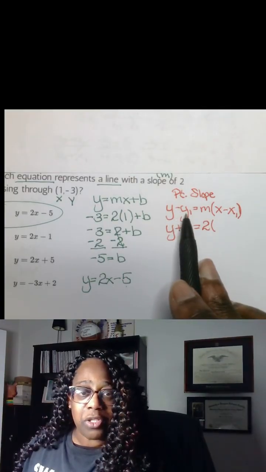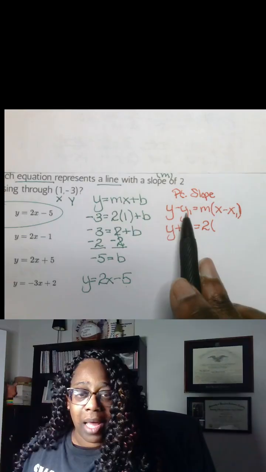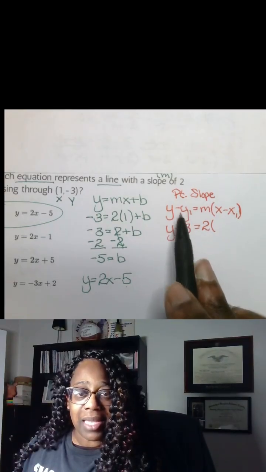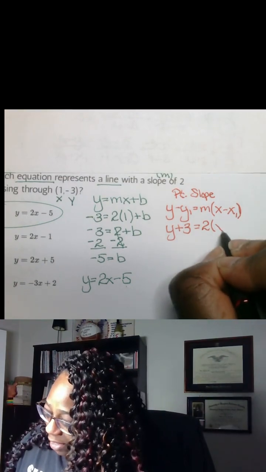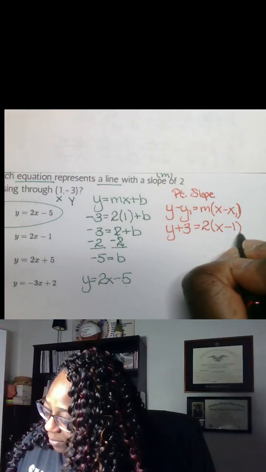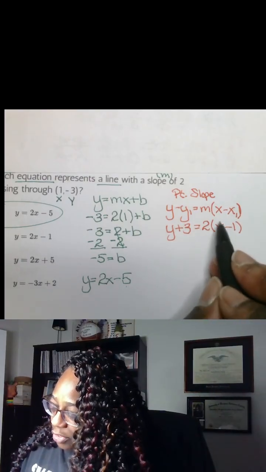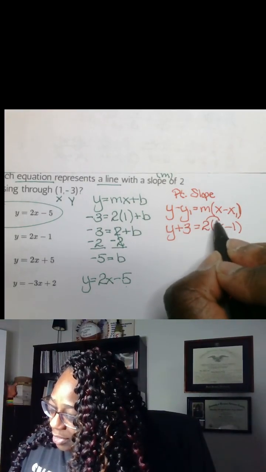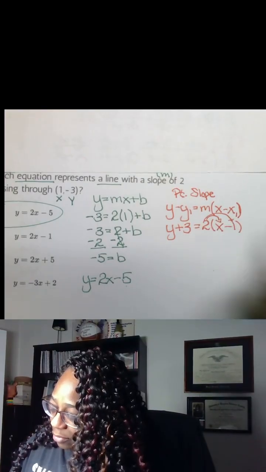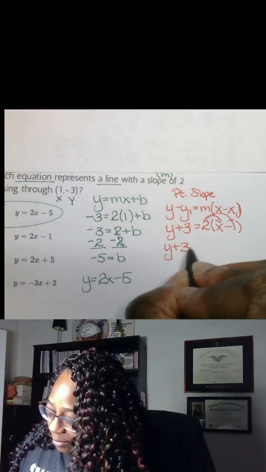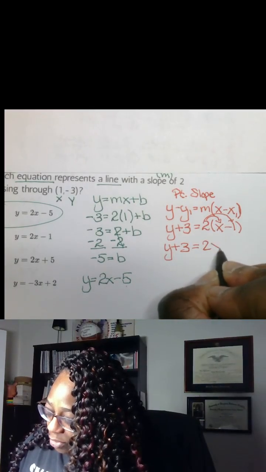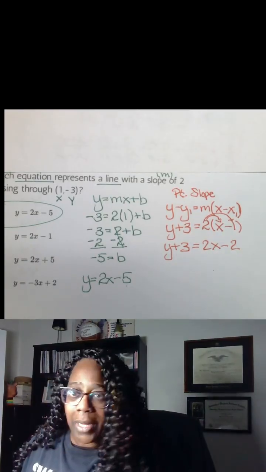Because if I substitute a negative 3 for the y, a negative times a negative gives me a positive. Then we have x minus 1. Distribute this 2 to everything inside of its parenthesis. So then you have y plus 3 is equal to 2x minus 2.